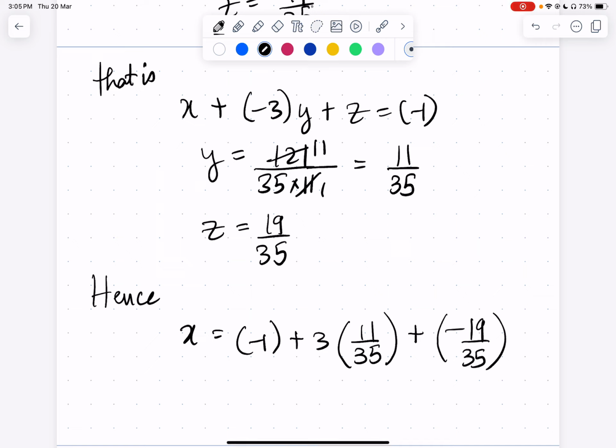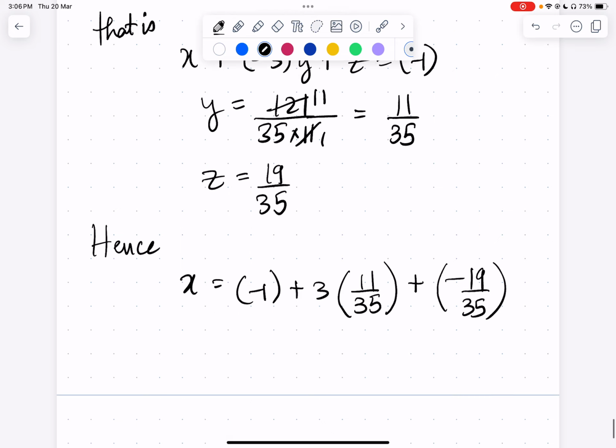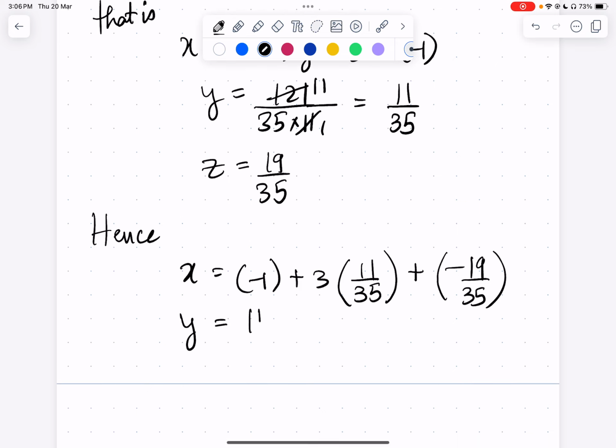So x equals minus 1 plus 3y minus z, right? So y equals 11 by 35. Z equals 19 by 35.